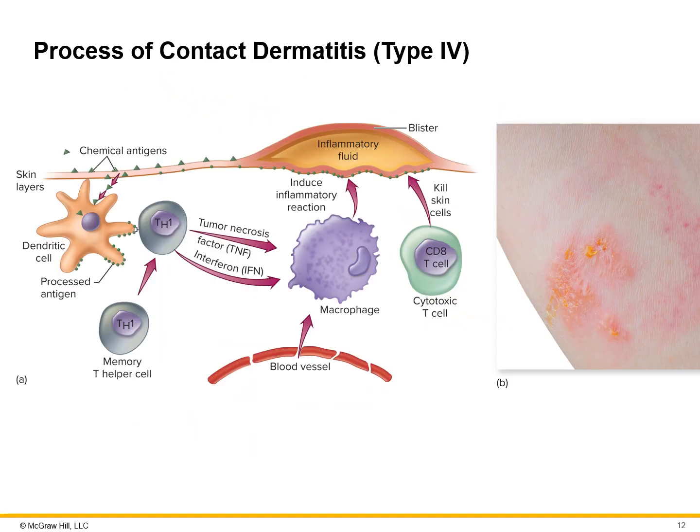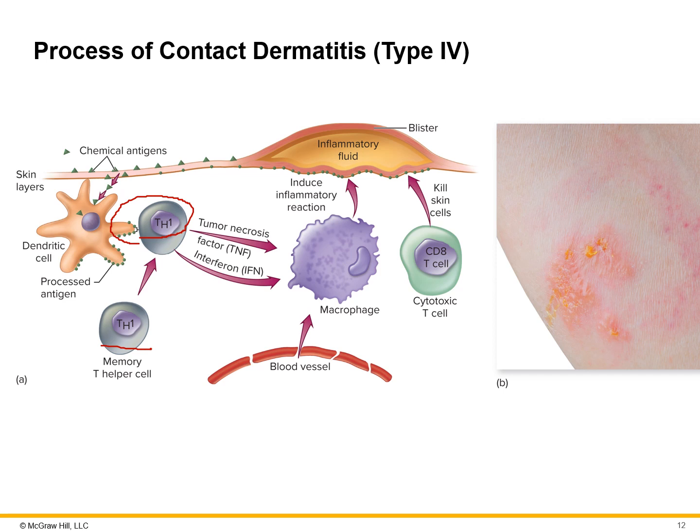All right, and then our last hypersensitivity, type 4. Again, this is the delayed hypersensitivity, so like poison ivy would be an example here. So again, those chemical antigens or dendrites are going to go in and go through antigen presentation. It's going to activate those helper T cells. We get the memory cells here from that response.